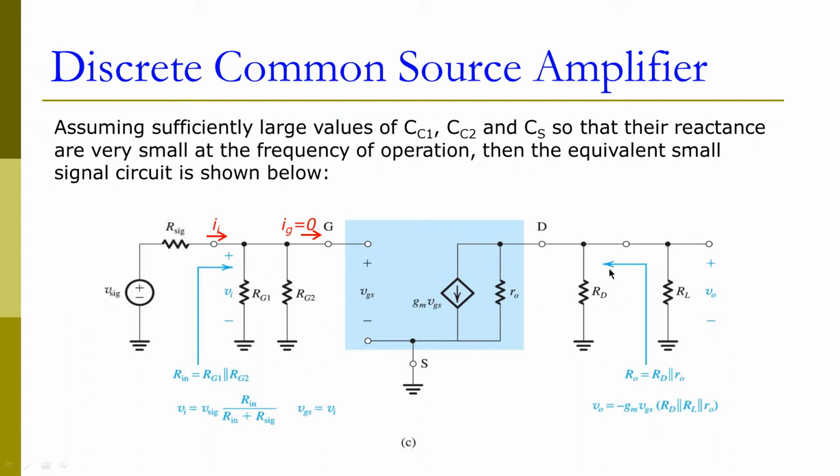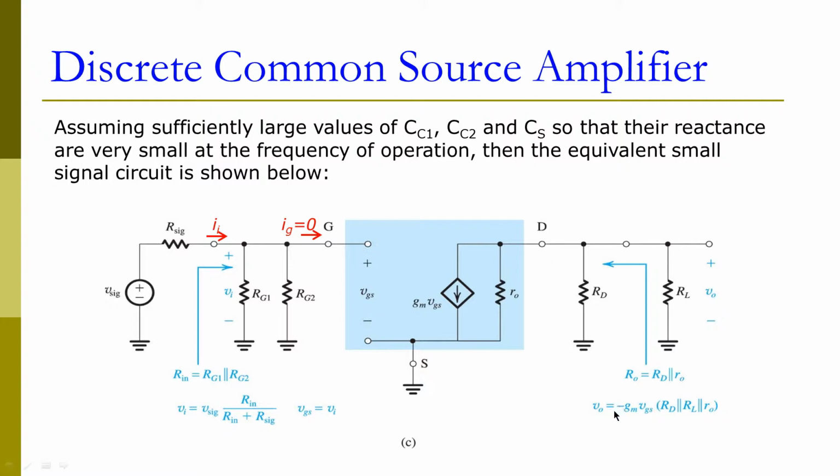For the output side, we can use Thevenin equivalent analysis. In this analysis, the current source needs to be disconnected, and then we are only left with small ro and RD. The output resistance equals RD in parallel with small ro.